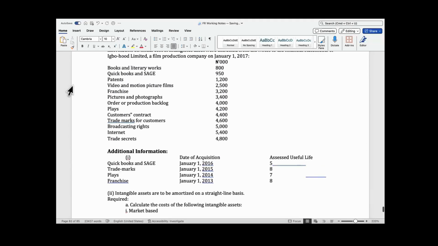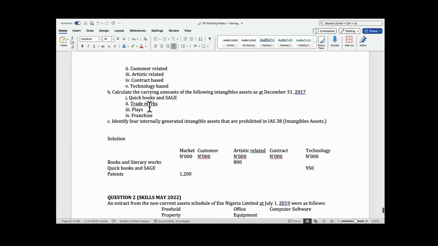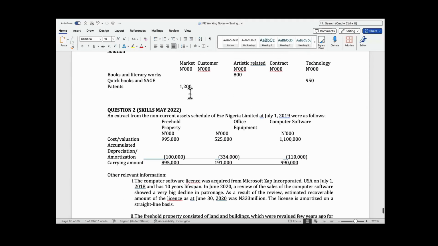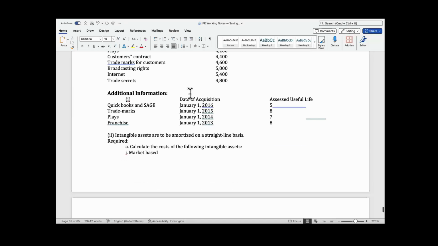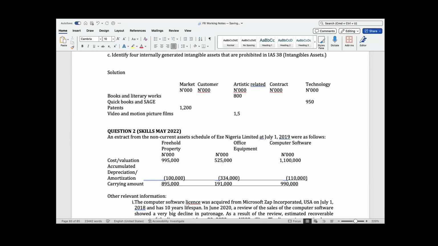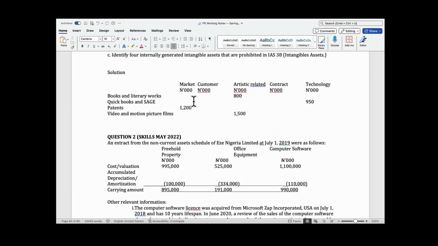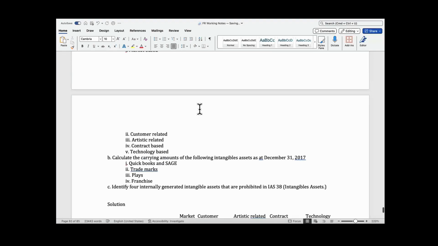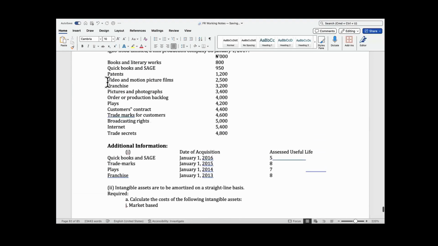What about video and motion picture films? Technology? It's artistic. That one is an art. It's artistic. What about franchise?